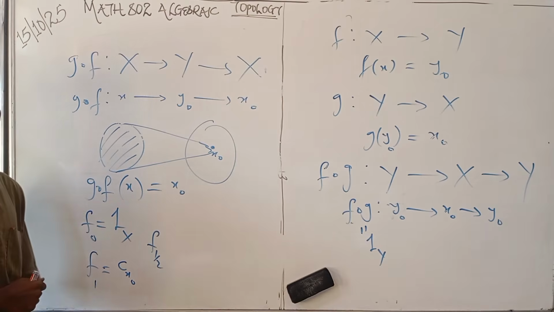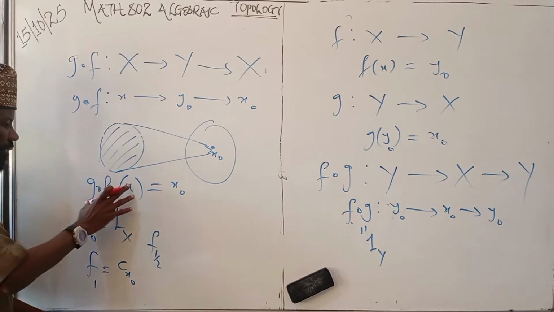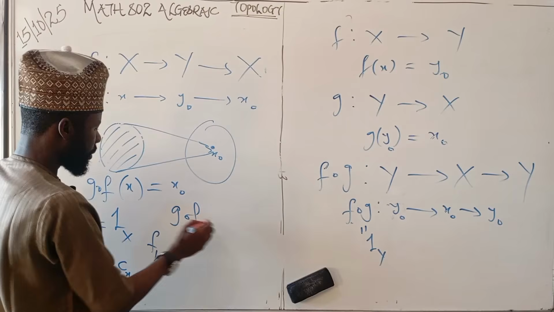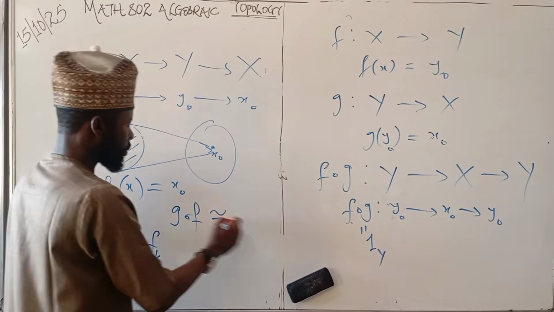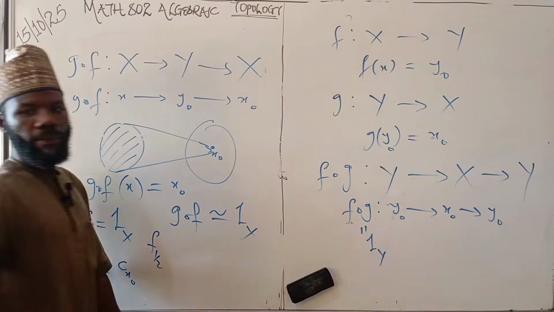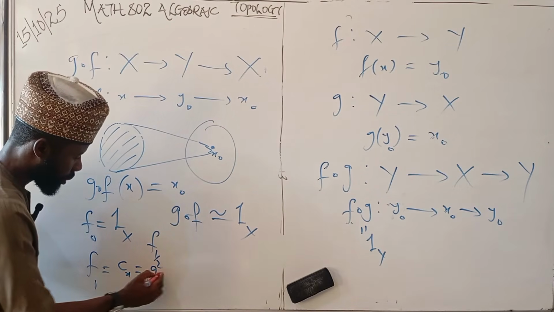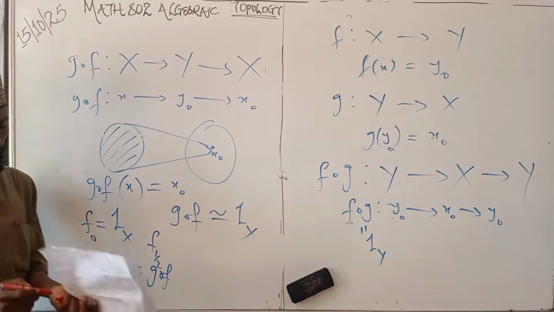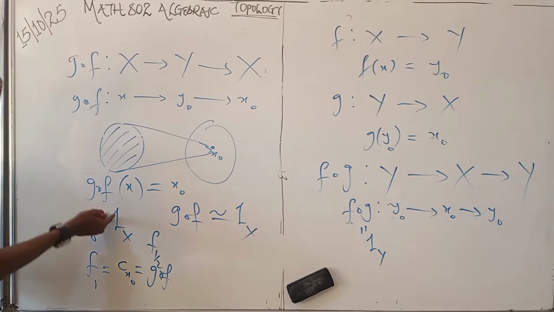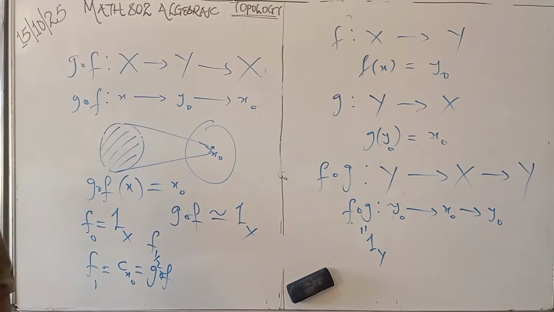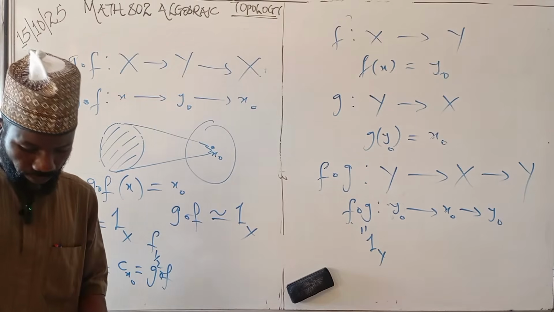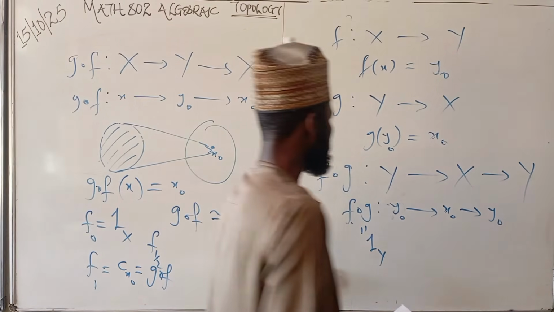That homotopy exists. So even though this mapping is not the identity on X, it is homotopic to the identity on X, because F1 is equal to G composite F. So there is a homotopy from the identity down there. Is it okay now?